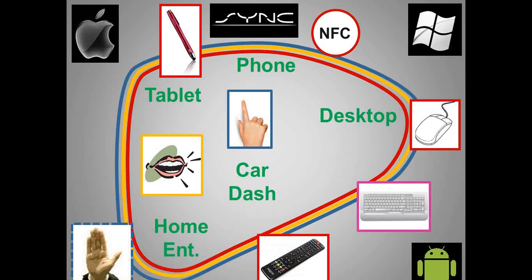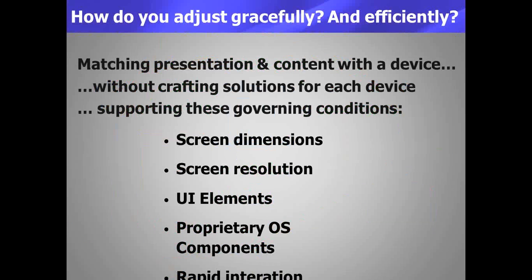And that TV remote is still there, and as more and more apps are consumed in the living room, that may in fact be an interaction type that we have to consider in our documentation as well. And we have a bunch of platforms that have us presenting information in different ways that I'm going to talk about in this presentation.